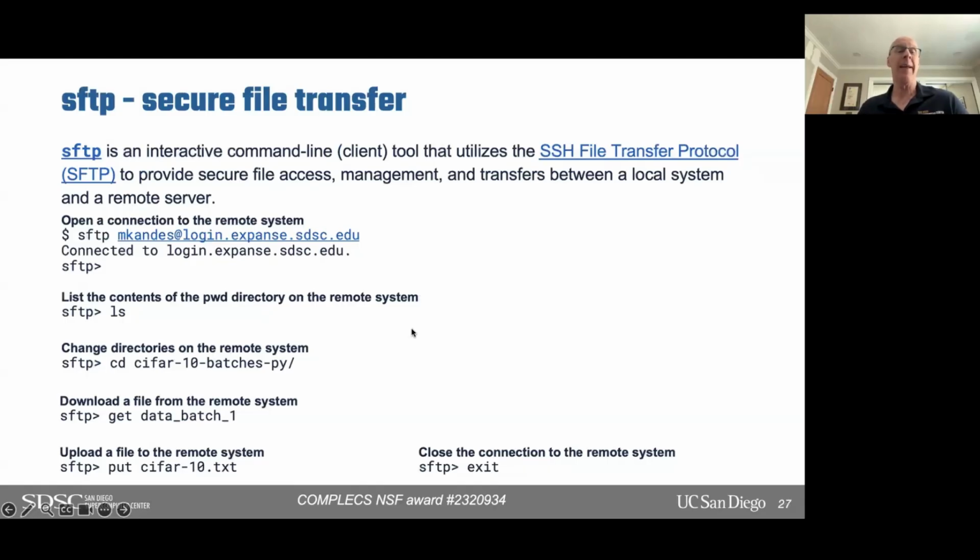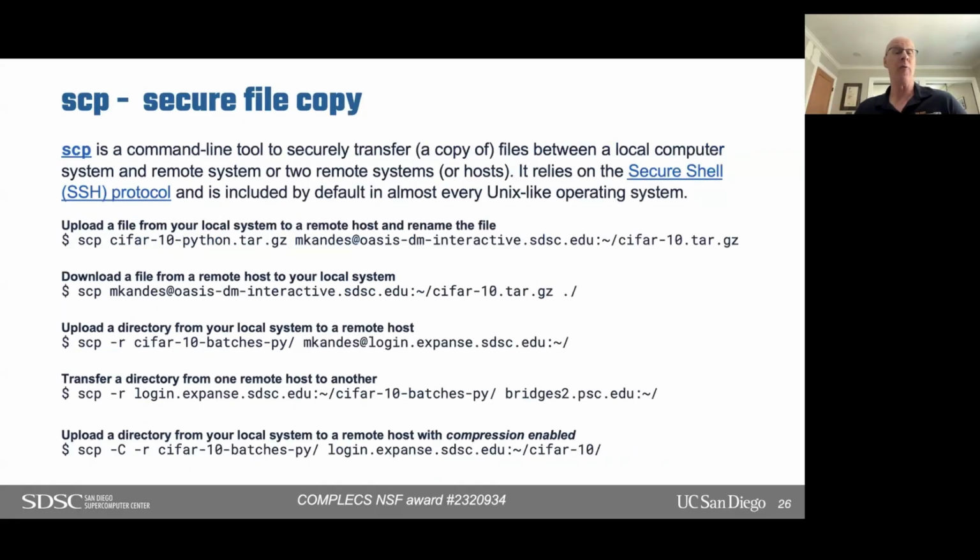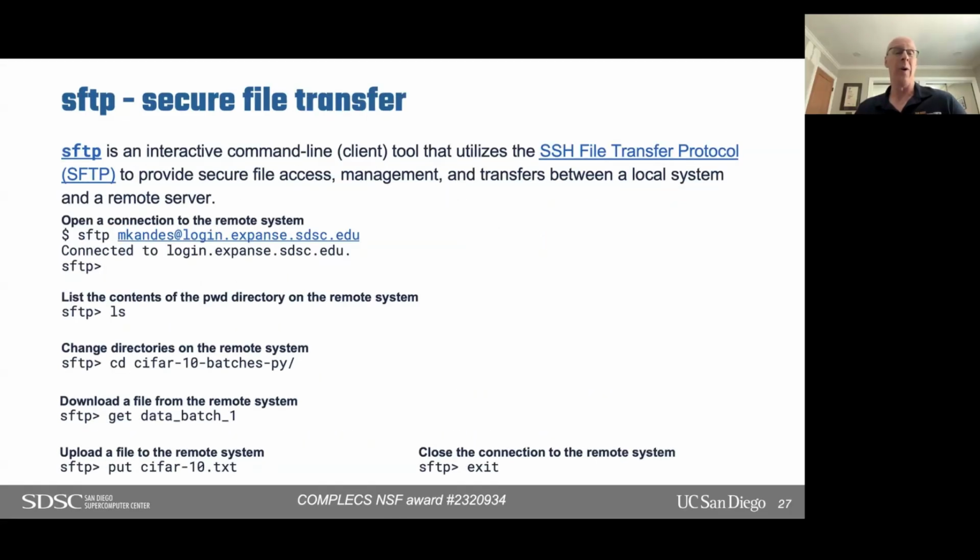Now, SFTP is an interactive command line tool, also based on the SSH file transfer protocol. One thing that's nice about SCP is that we can easily script it. It uses a command line interface, whereas SFTP is going to be an interactive tool.